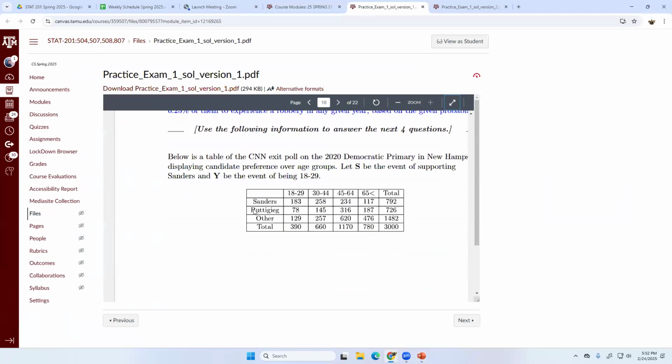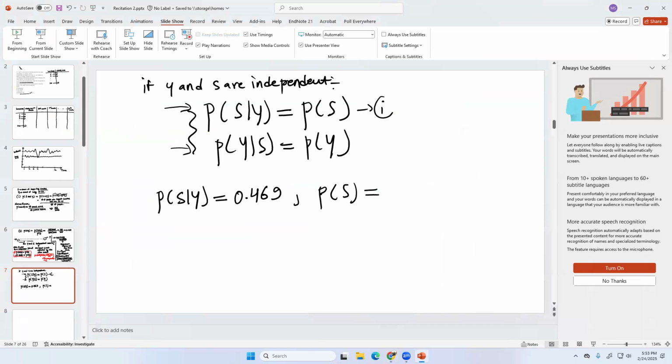I think you have to go back to the table. What is the probability of somebody supporting Sanders based on this table? 792 out of 3,000, right? You just see how many people support Sanders out of the total number of people, and 792 people support Sanders. Again, probability of any event is the number of times that event occurs divided by the total number of events.